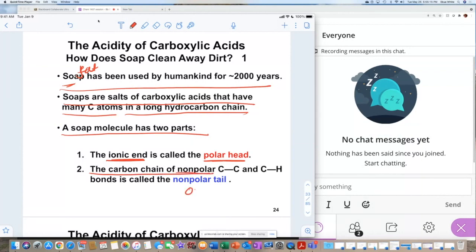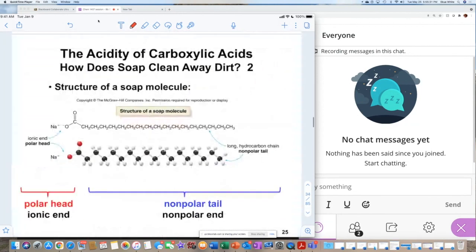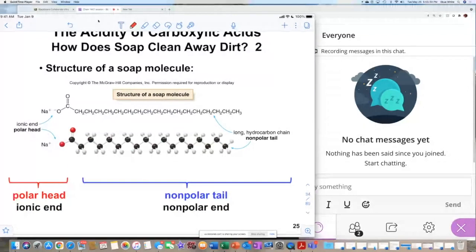This is the oily end. Okay, so soap has two ends. It has a nonpolar end that has many nonpolar bonds, carbon-carbon single bonds, carbon-hydrogen single bonds, and this is called the nonpolar tail. Okay, so here is the picture of our soap molecule, the structure of our soap molecule.